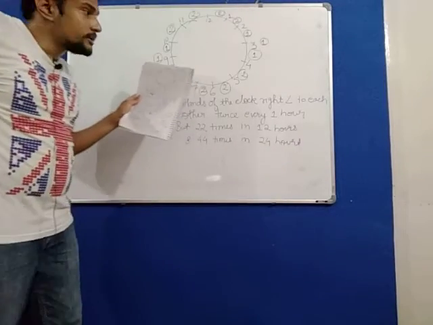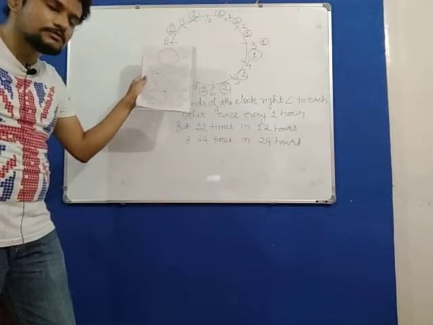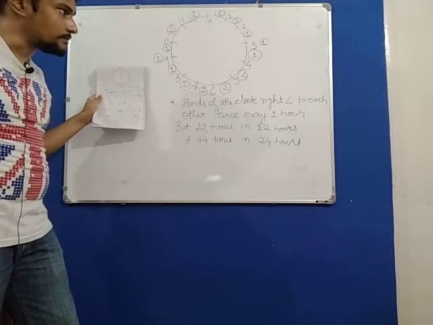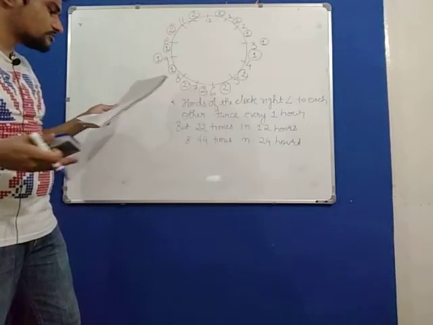So please note down this diagram. This will help you find how many times the hour and the minute hand will be perpendicular to each other between two time intervals. Now we are going to solve a question based on this.